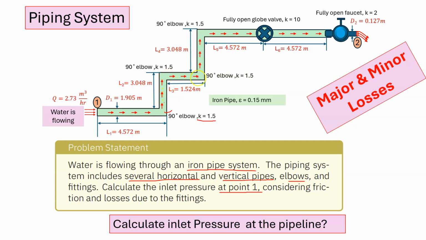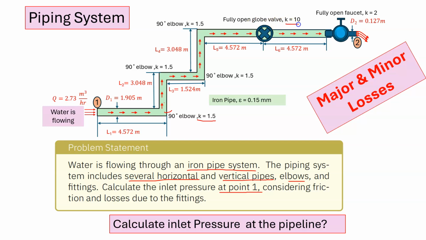Then again one horizontal, L3, that length is 1.524 meter, again there is another elbow, and then again one vertical, that length is 3.048, and here again another elbow is connected, and then that L5 horizontal pipe is connected, and then there is a fully open globe valve.